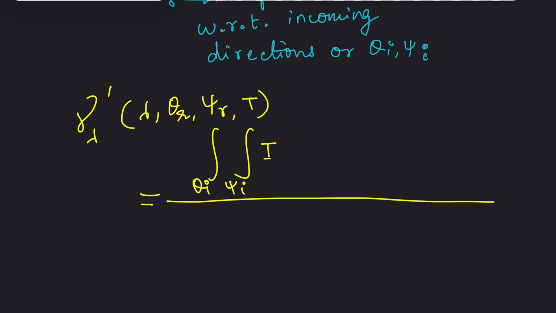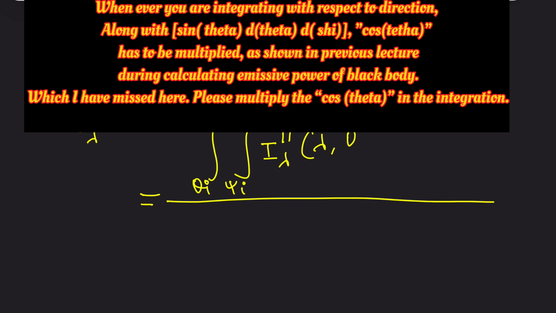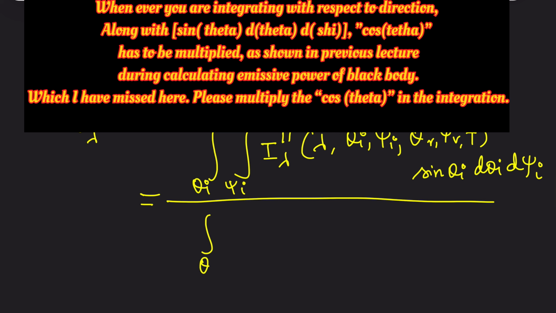I am not writing that. So I double dash lambda, theta I psi I, theta r psi r, t, sin theta I d theta I d psi I, and you have to integrate this thing also.